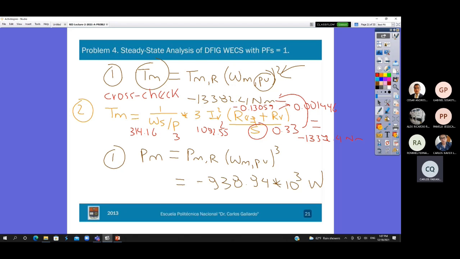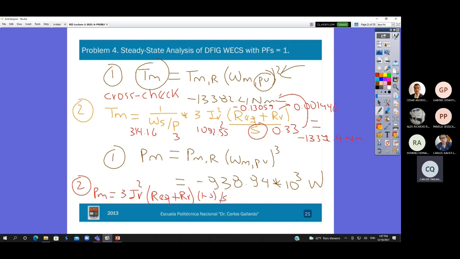So I will have a second way in order to compute the mechanical power. Okay, so we have already derived this equation in the previous class. The mechanical power by definition is equal to 3 times the rotor current squared times the equivalent resistance plus the rotor resistance times 1 minus the slip over the slip.